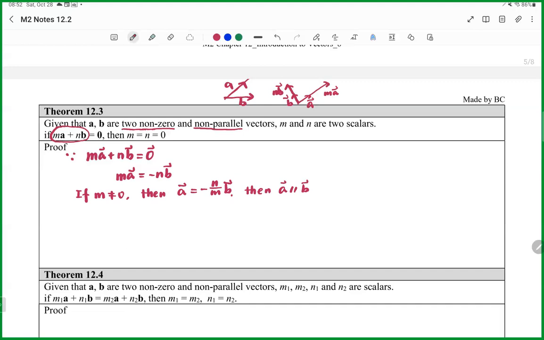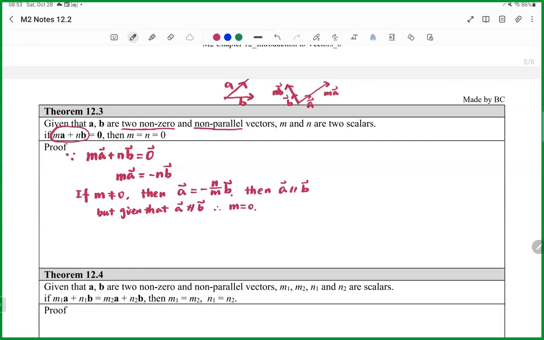But it's given that A is not parallel to B, therefore M must equal zero. So my assumption is wrong. So if M is not zero, then A and B must be parallel, but they're not parallel, so M is zero.